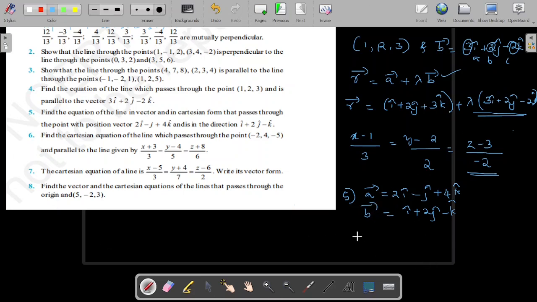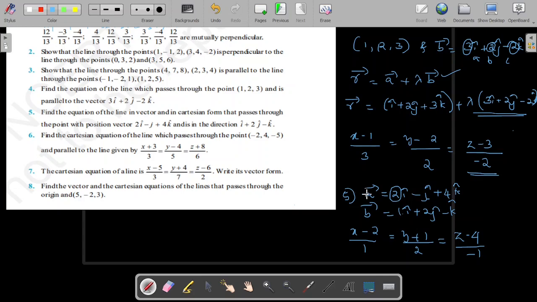Now for the Cartesian form, x1 is 2, y1 is minus 1, z1 is 4. So x minus 2 by the direction ratio, which is 1, then y minus of minus 1, that is y plus 1, divided by 2, equal to z minus 4 divided by minus 1. So 1, 2, minus 1 are the direction ratios of the b vector. As the b vector is parallel to the line, the line also has the direction ratios 1, 2, minus 1.